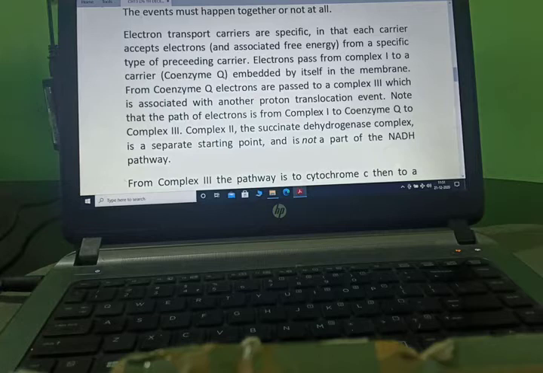Complex 2, the succinate dehydrogenase complex, is a separate starting point and is not a part of the NADH pathway. For complex 3, the pathway is to cytochrome C, then to complex 4, the cytochrome oxidase complex.